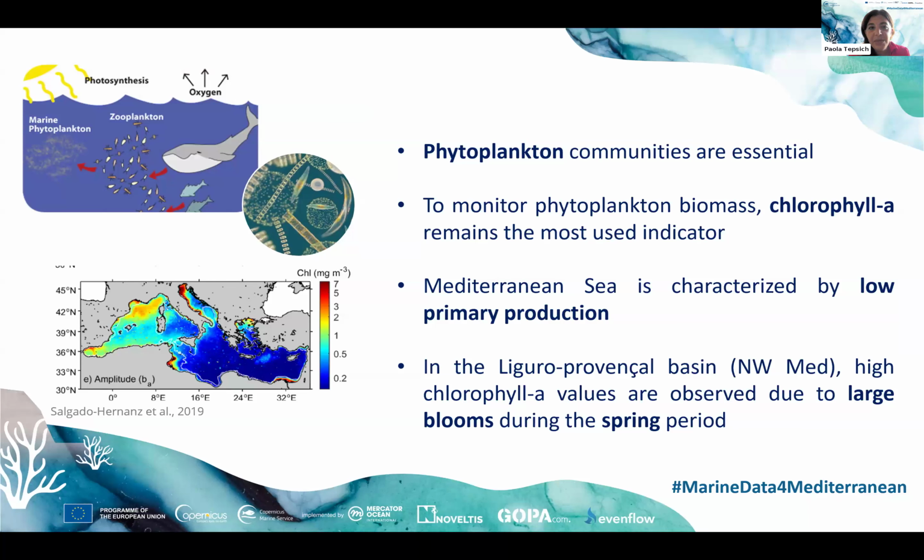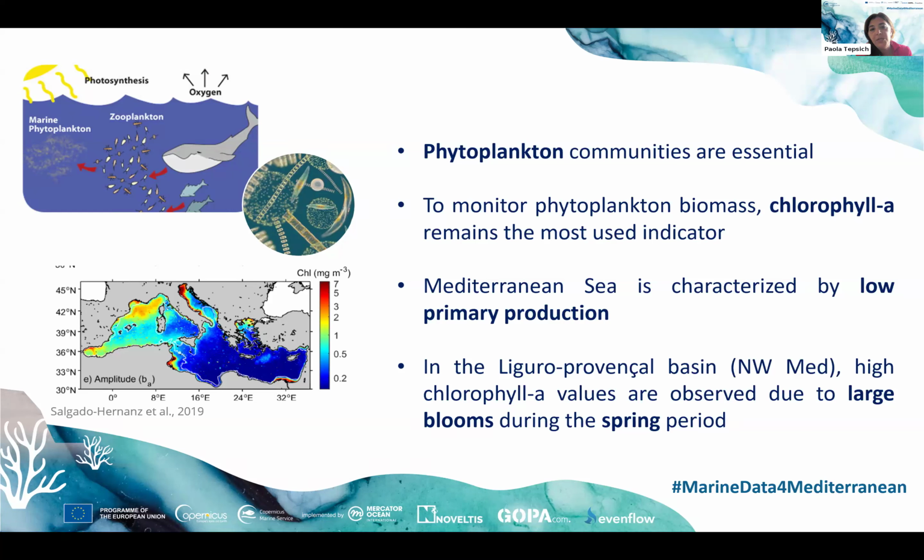We all know that phytoplankton communities are essential for a healthy and productive ecosystem, and as we just saw, chlorophyll-a concentration is the main indicator used to analyze phytoplankton biomass.